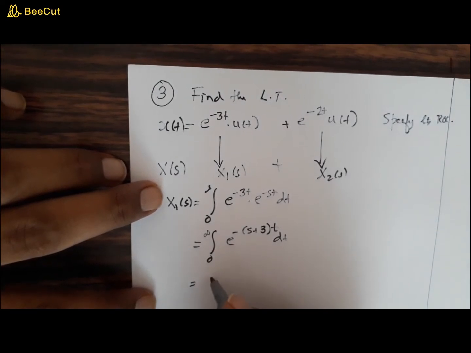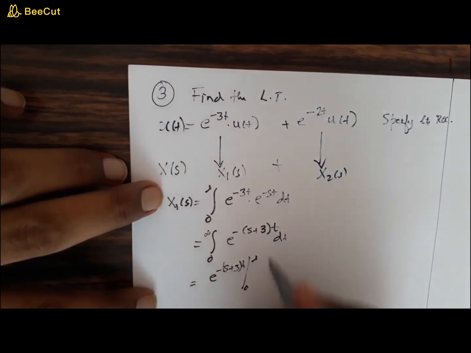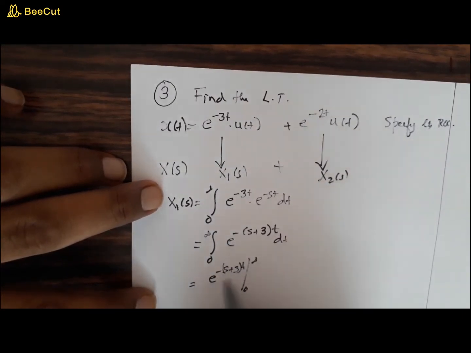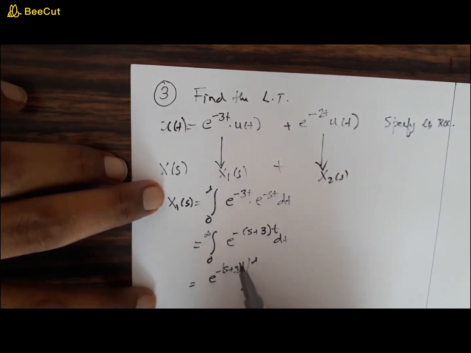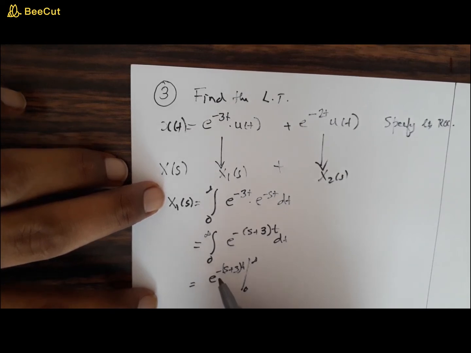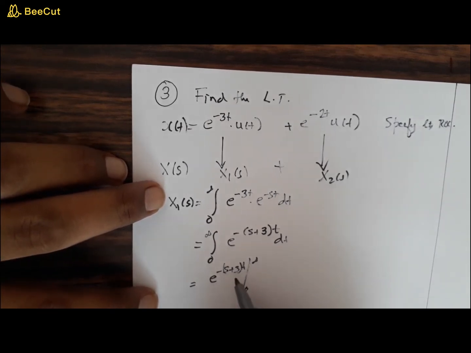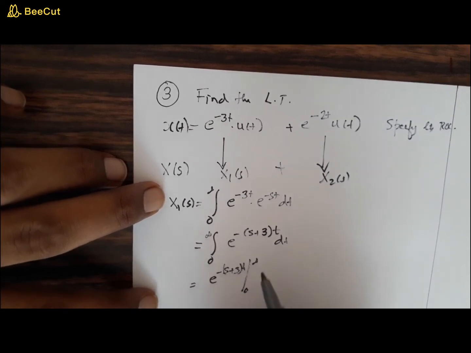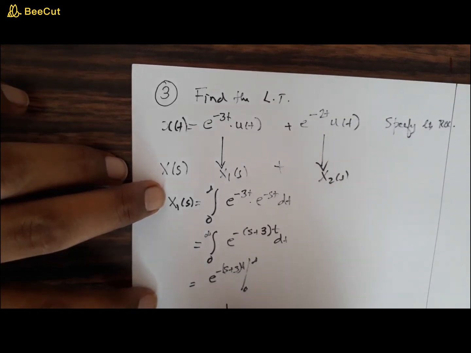This is an exponential integral from 0 to infinity, upper limit minus lower limit, so you get 0 minus of minus 1 by s plus 3 times e raised to minus of s plus 3 into t. That means you will get this as 1 by s plus 3.